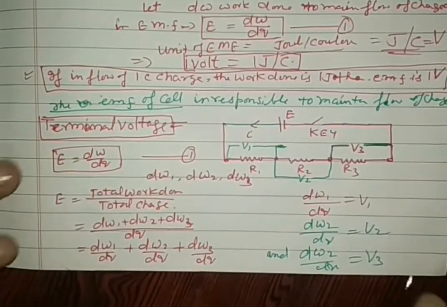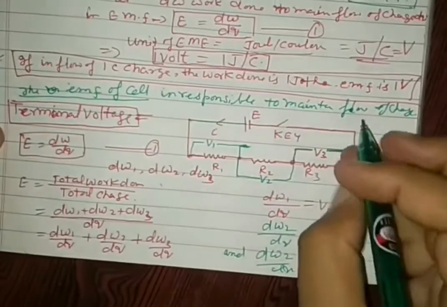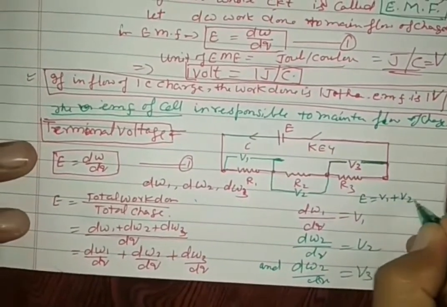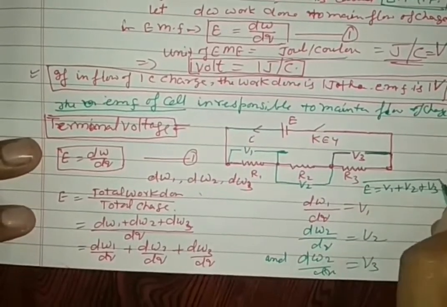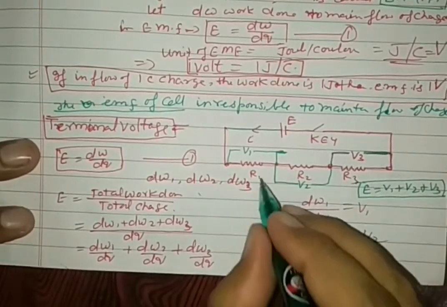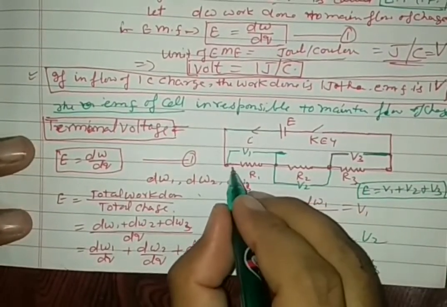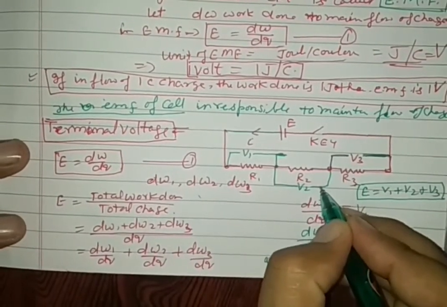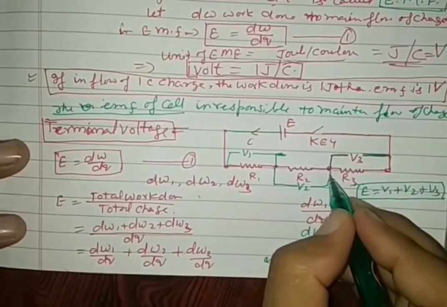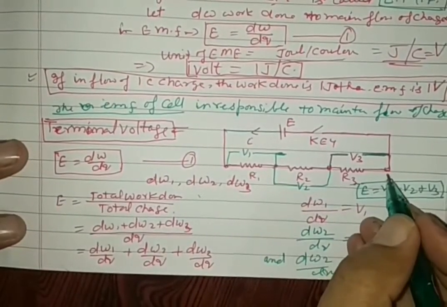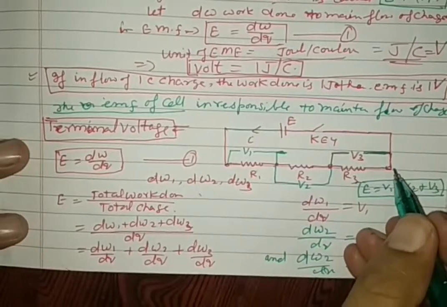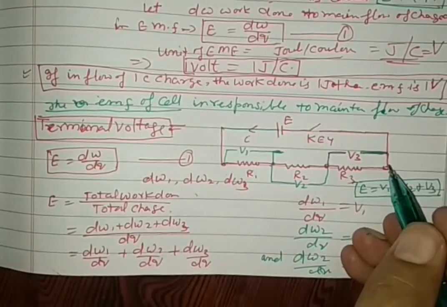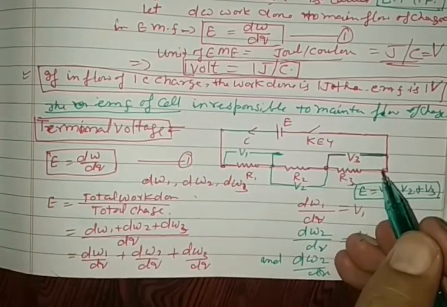So total EMF we may write as V1 plus V2 plus V3, where V1 is the voltage across the first resistance, V2 across the second, and V3 across the third. So this is about terminal voltage, right?